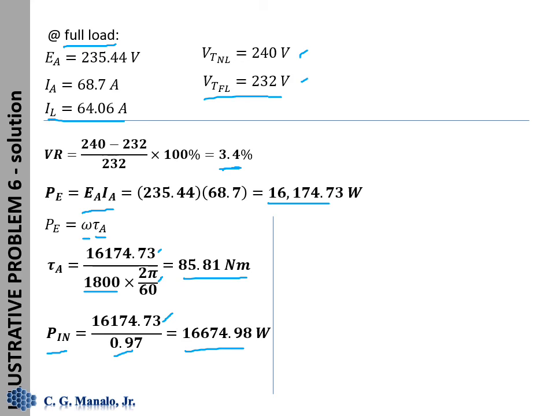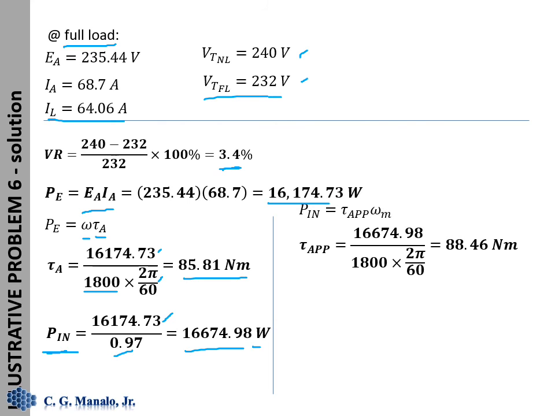That should give us around 16.6 kilowatts, or sometimes this is measured in horsepower when we're talking about mechanical power. So we could divide it by 746 to get the amount of horsepower provided by the prime mover.